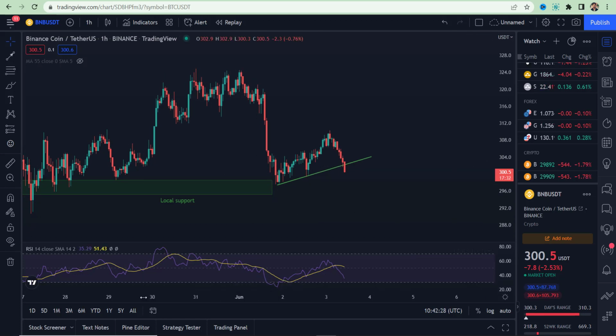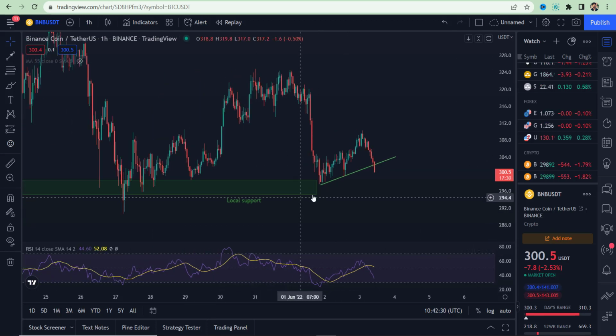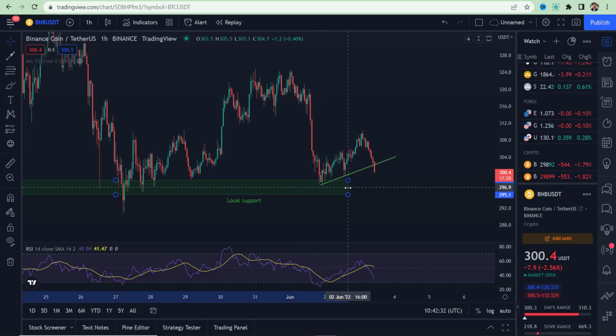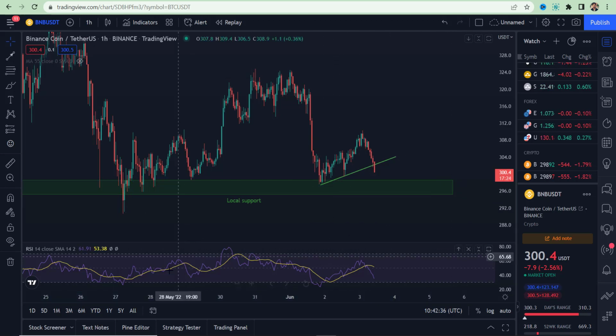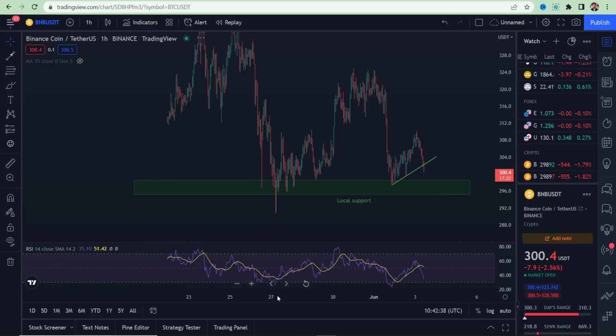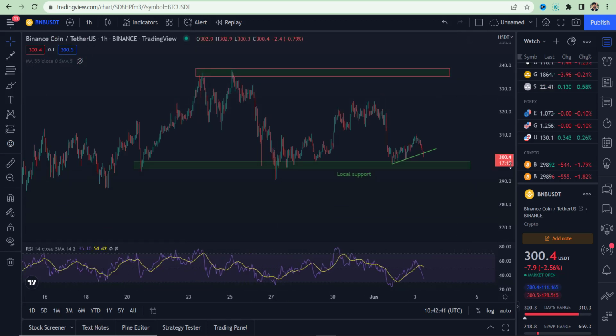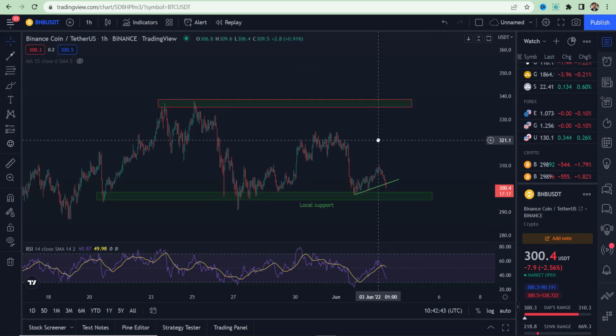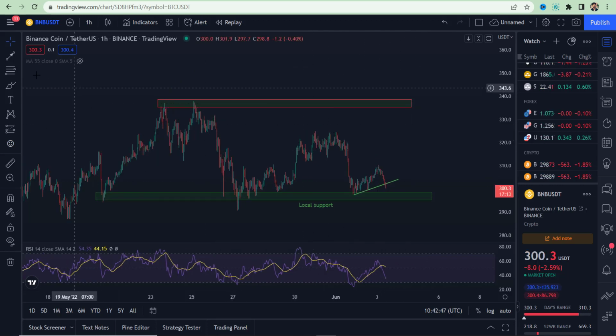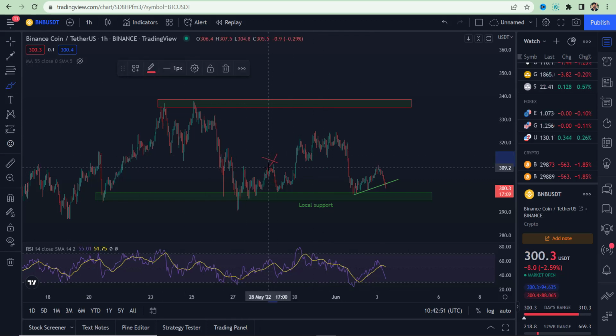So according to my last video, my last analysis, I told you about BNB having this area as a local support level that would come into play at the smaller time frame, and talking about the resistance. But there is something you have to see in the BNB as well, and that is this head, shoulder, and this head and this shoulder.